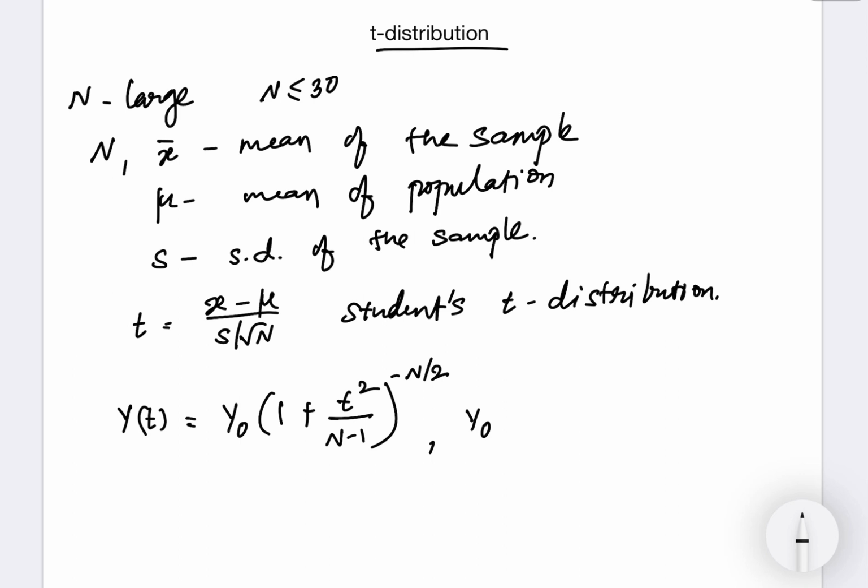For large values of n, this function y of t reduces to the standard normal distribution density function, which is given as phi of t equals 1 over root 2 pi times e to the power of minus t square over 2. And the t curve becomes the standard normal curve.